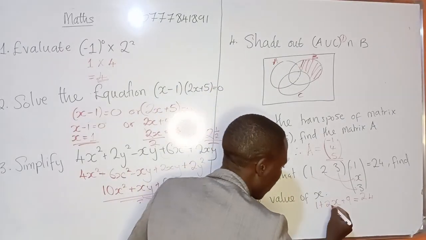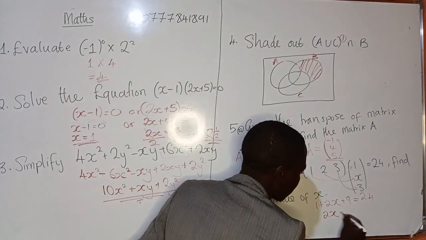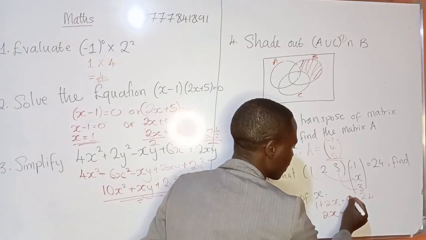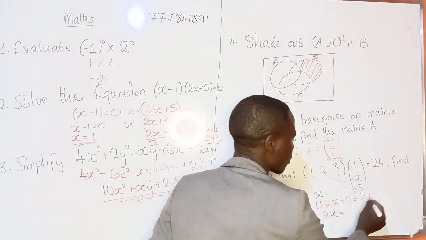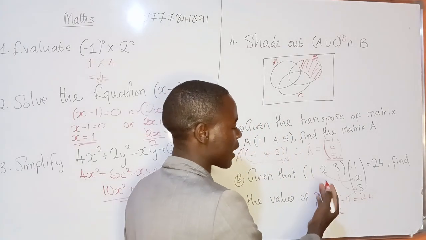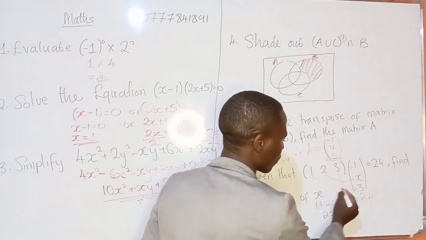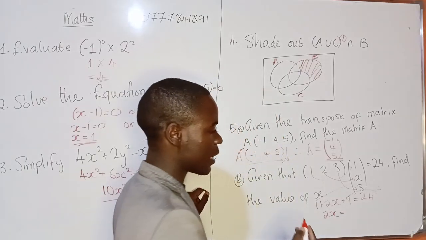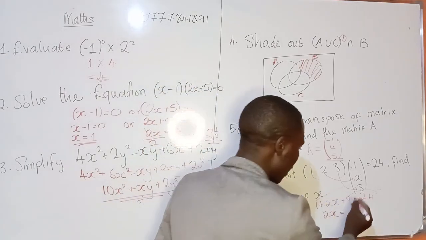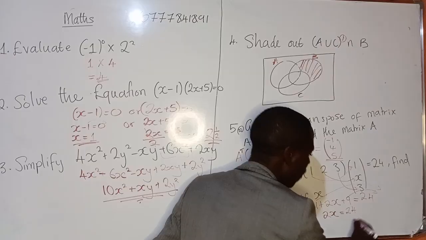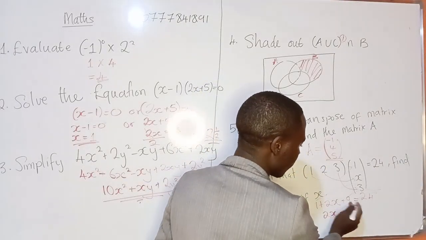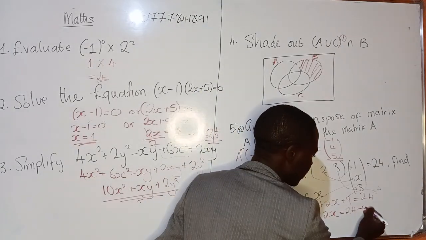So here we are going to be left with 2x is equal to 24. Once the 9 is transposed to this side, it becomes negative 9. This is positive 1. Once it is transposed to this other side, it becomes negative 1. So here we are going to have 24. Then the additive inverse of positive 9 is negative 9.